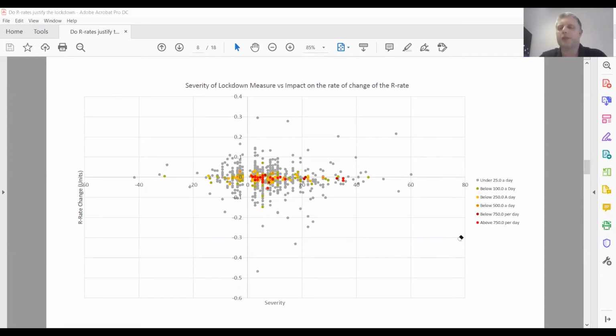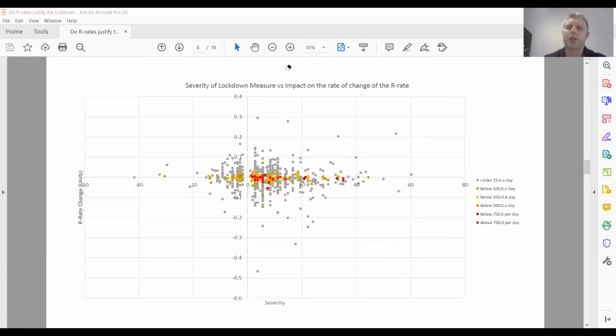That's things like school closures, workplace closures, travel bans, stay-at-home orders, all of this kind of stuff. They measure the severity of all of those, and then they have an algorithm that generates consistently for every single measure implemented in the world a severity index, a total severity of lockdown, if you like. And then all we're doing is plotting the severity of lockdown against the R rate change.